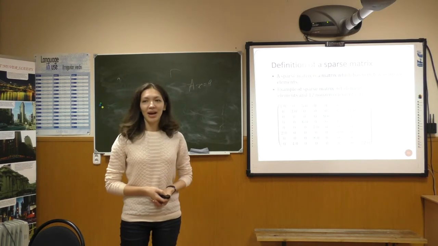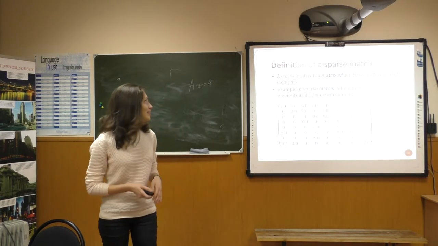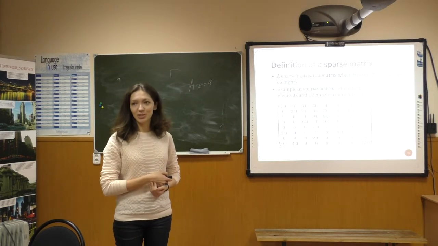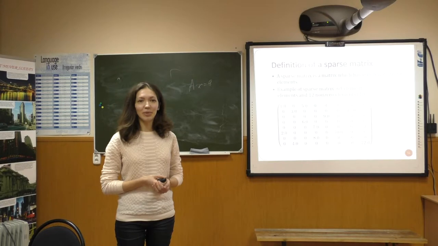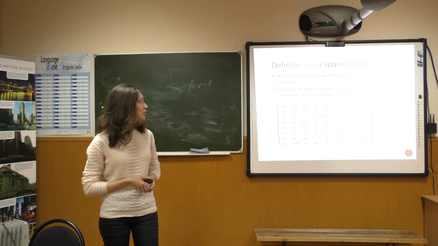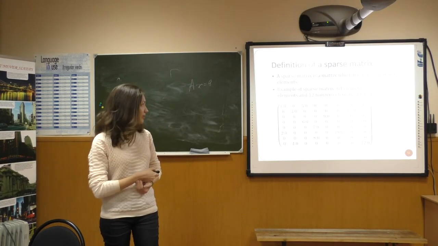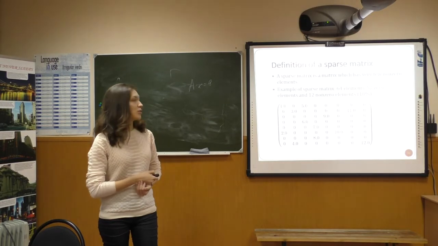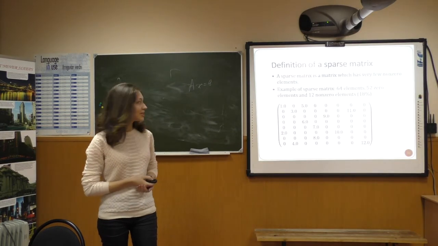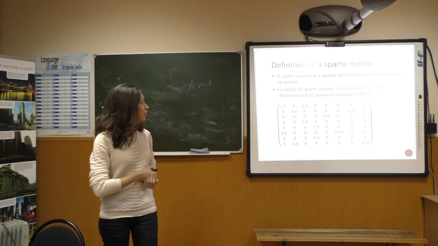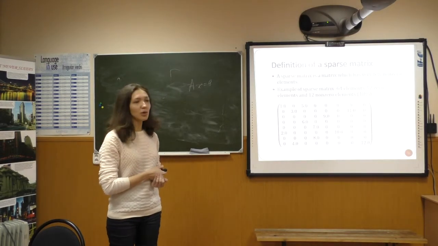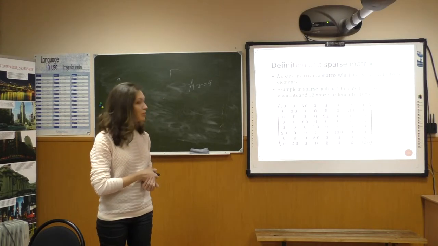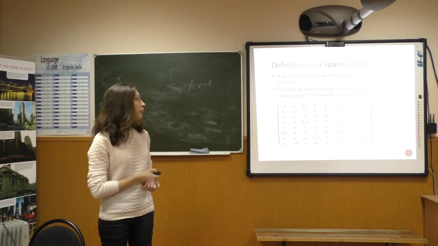So, let me repeat the definition of a sparse matrix. A sparse matrix is a matrix which has very few non-zero elements. And the example is here, you can see. 64 elements, only 12 of them are non-zero, which constitute only 18% of all the elements.